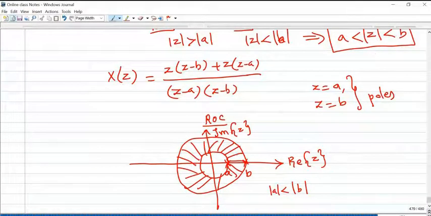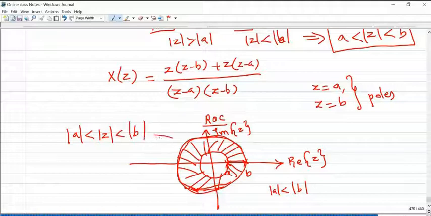Less than b meaning inside of this circle with radius b. So in this case, Z is between a to b, when we consider a less than b.